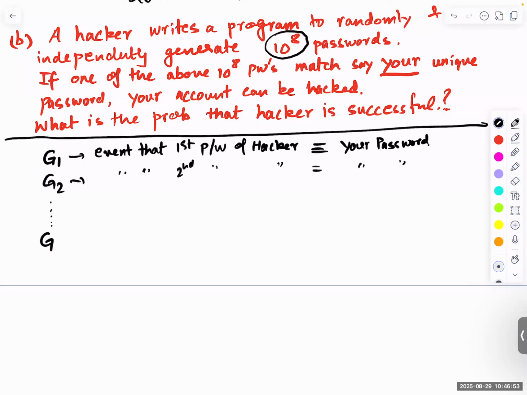So how many events do I have? I have G 10 raised to power 8 such possible events. Keep in mind, your password is fixed. So for example, it could be X, Y, T, 1319, right? So your password is a frozen single number or single sort of string. And then there are these 10 raised to power 8 possible events.